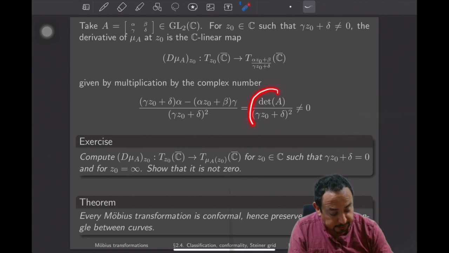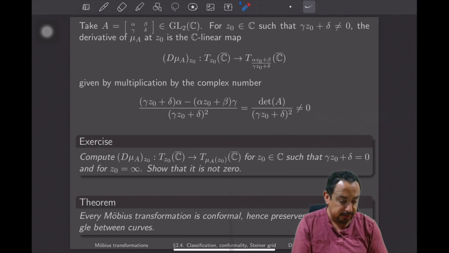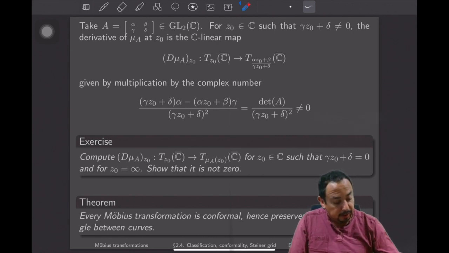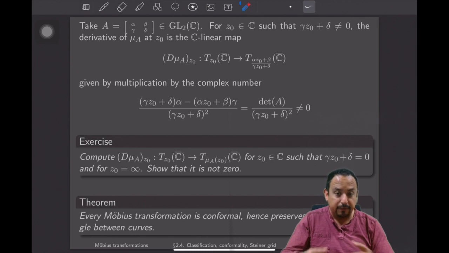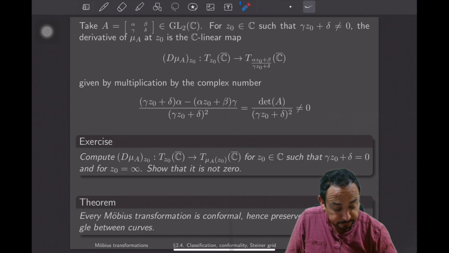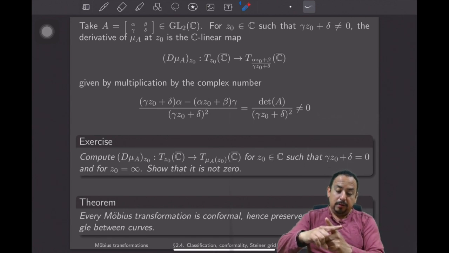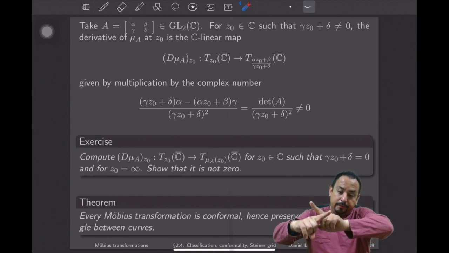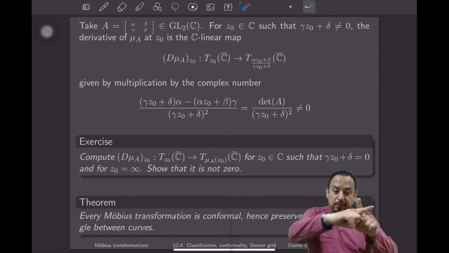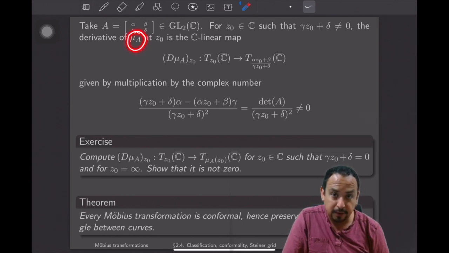And the fact that it's multiplication by this complex number tells us that whenever I have two differentiable curves that pass through Z0 in the domain, and I measure the directed angle from one to the other, that angle is equal to the angle formed by the images of the curves under the given holomorphic function, which in this case is mu of A.